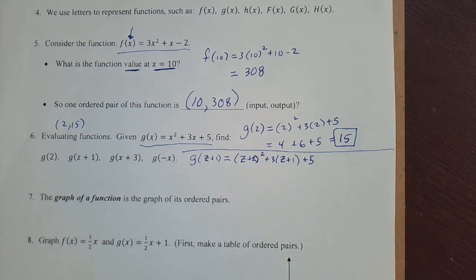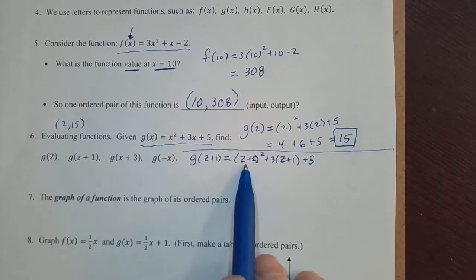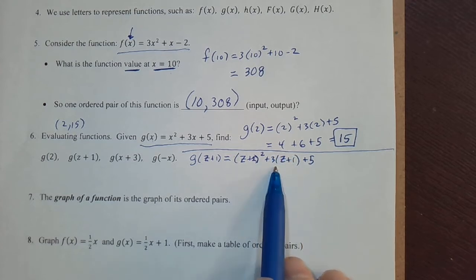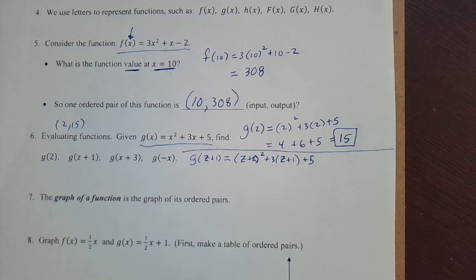I'm not going to do it only because I didn't give myself enough room, but you should for good practice. So you'd FOIL out the z plus 1, and that would be z squared plus 2z plus 1 plus 3z plus 3 when you distribute, plus 5. And then combine like terms and you would be done. So really, this just gave us a new function.